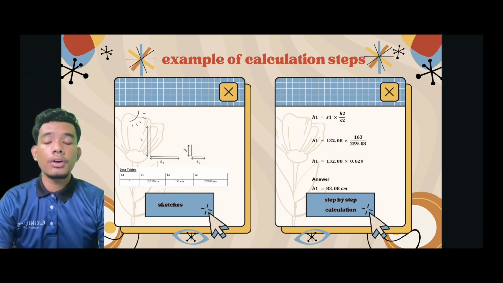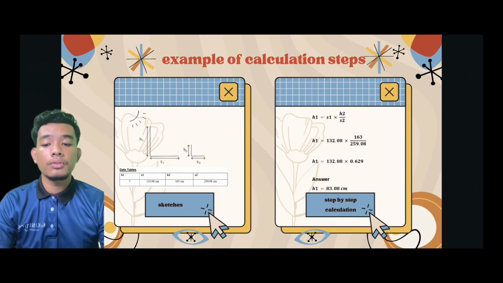H1 is the height of the lamp. S1 is 132.08, the length of the lamp's shadow. H2 is 163, the height of the person. S2 is 259.08, the length of the person's shadow.